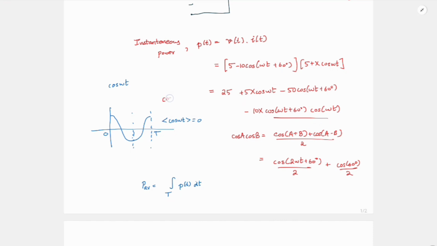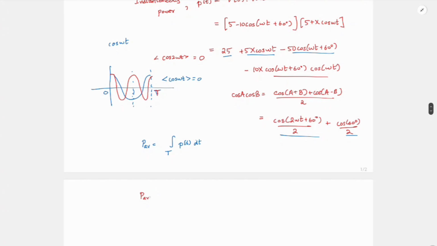Similarly, if you take cos 2 omega t, over one time period T, which here is twice the time period for cos 2 omega t, this is again equal to 0. So if you see our terms, this term and this term will go away, and we'll be left with only this and this.